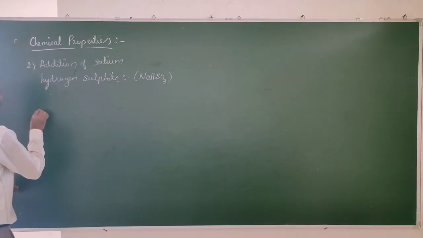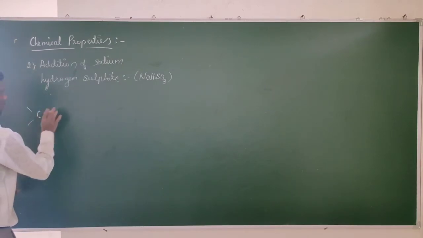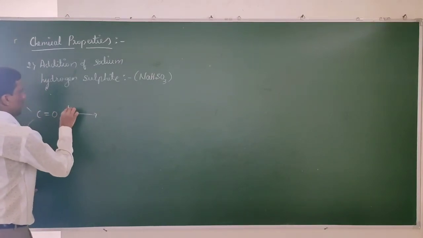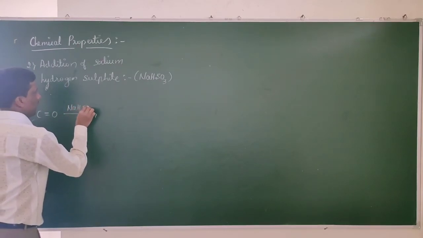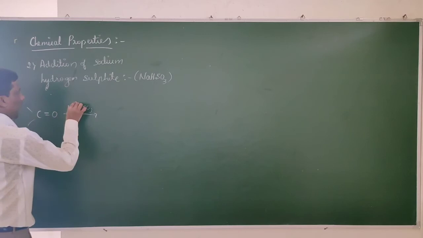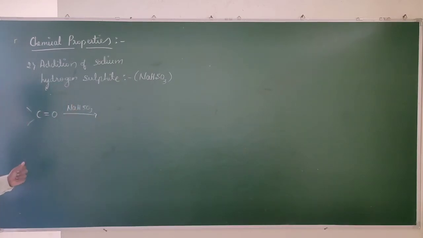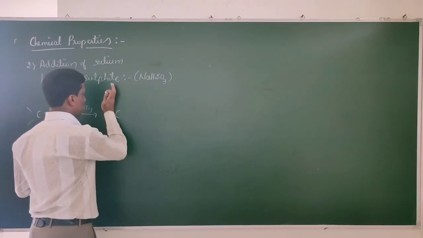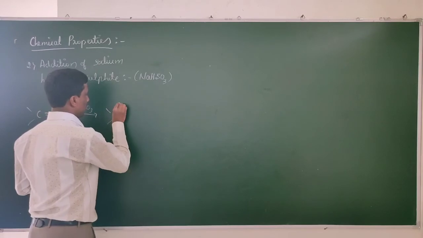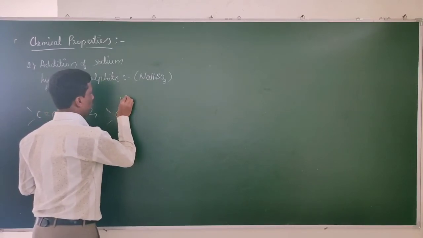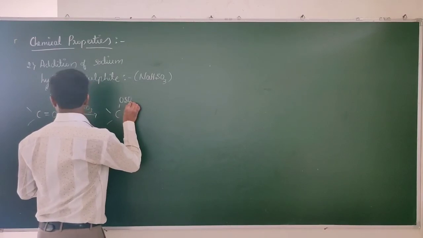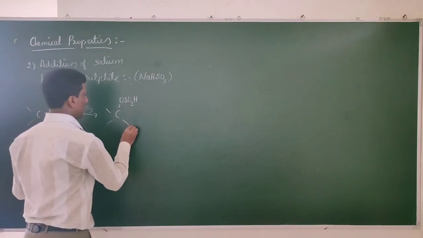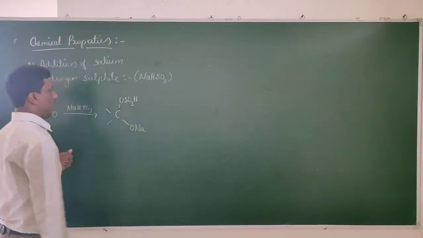Okay, first let us study the general reaction. Whenever this reacts with sodium hydrogen sulfite, NaHSO3, this HSO3 will be the nucleophile here. This will attack the carbon, giving OSO2H. Actually OSO2H. And here to the oxygen sodium is added.